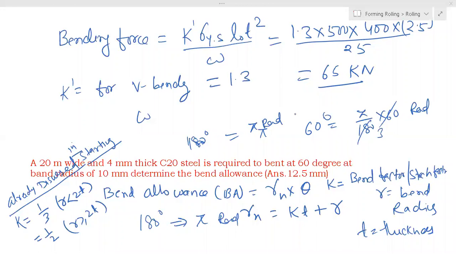Mohit, this you ask in the 8th class teacher here. How 12 is coming, sir? You ask your friends. How many people got the 12.5? Please write down. How many people got the answer?